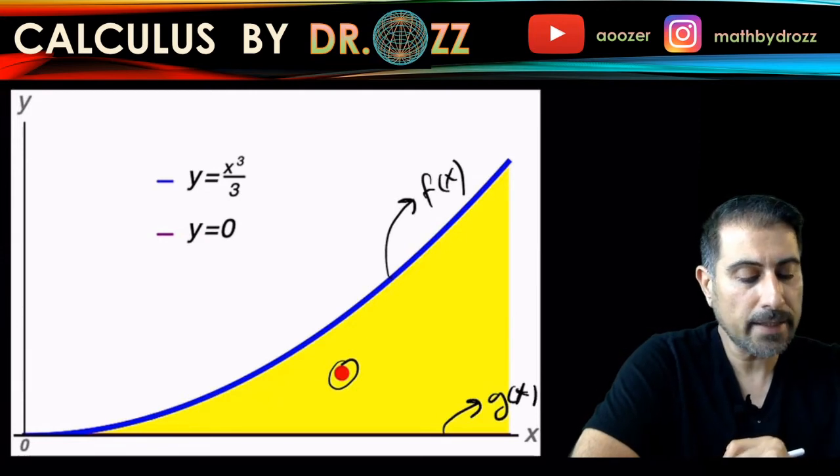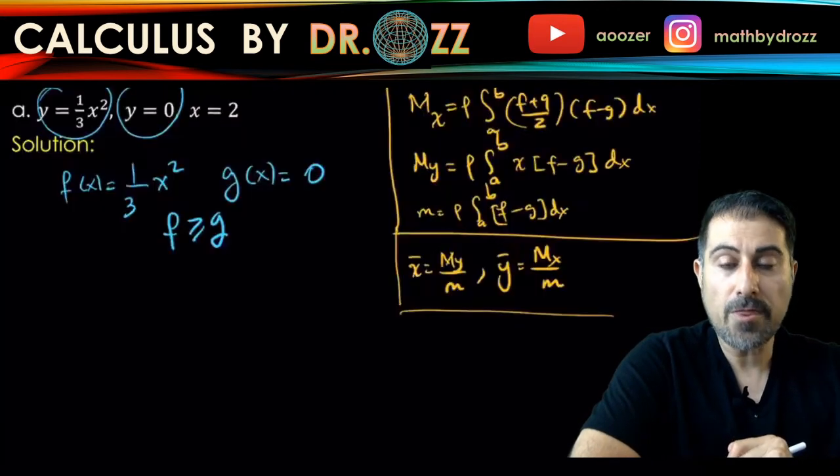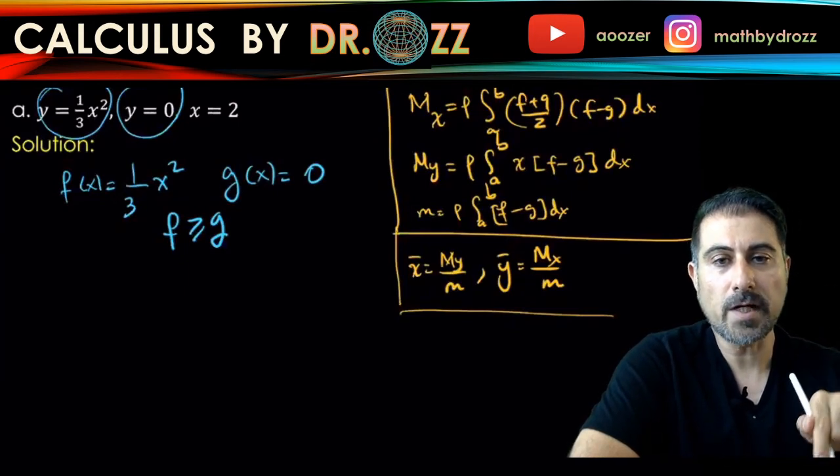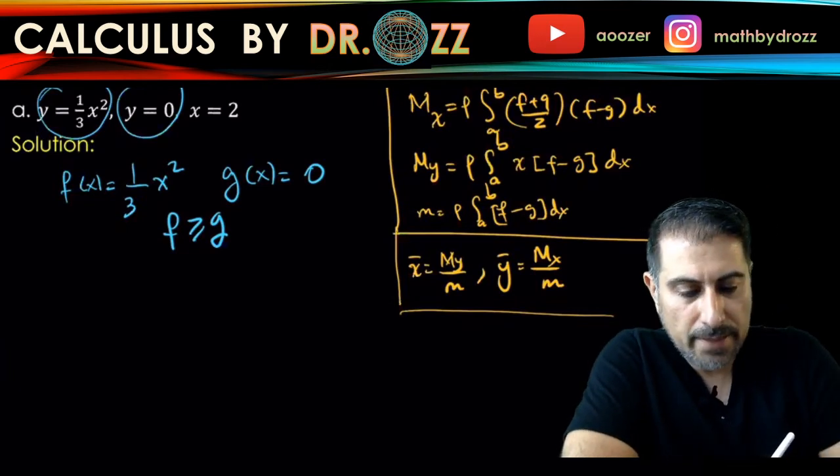So I can go ahead and plug in 1/3 x squared for f and 0 for g in the description of capital M sub x, capital M sub y, and little m. So why don't we do that, and we're going to take care of the integrals next, okay?